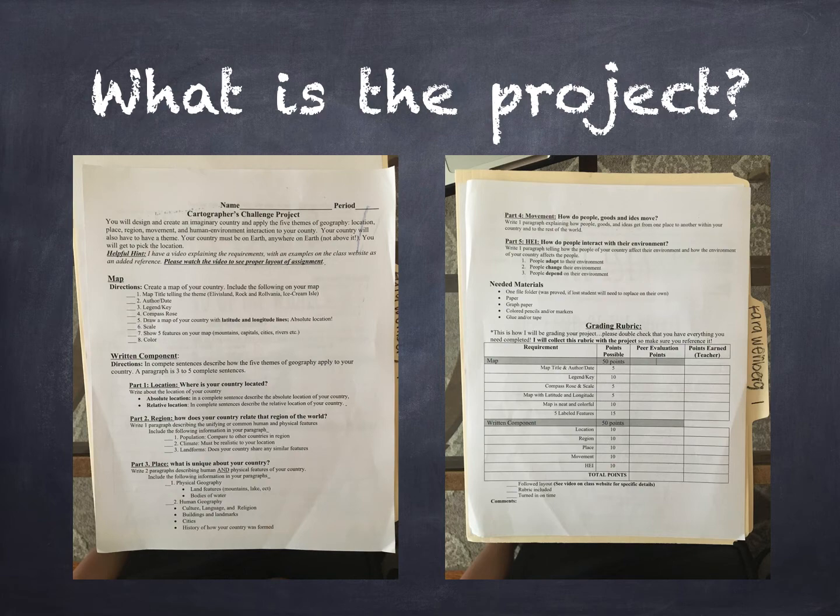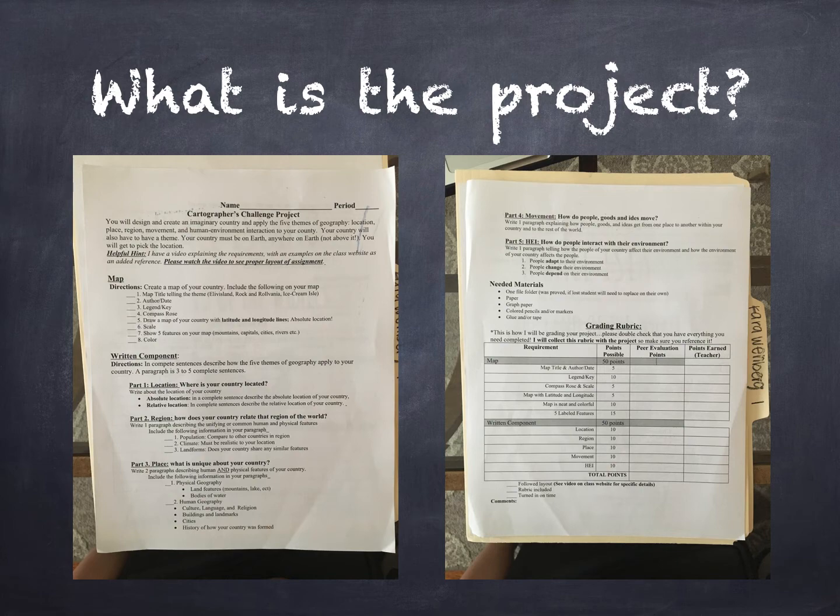The neighbor will give you the points they think that you got on the project, and then you'll turn your project in to me, and I'll go back in and grade your projects and then assign you the points that you earned by what you did or didn't do. So that's the instruction, rubric, and direction piece of it all.